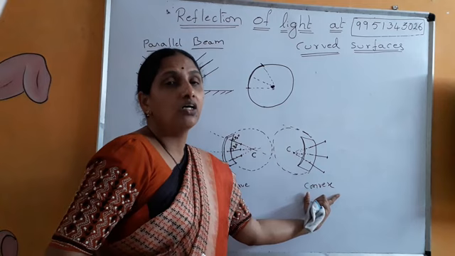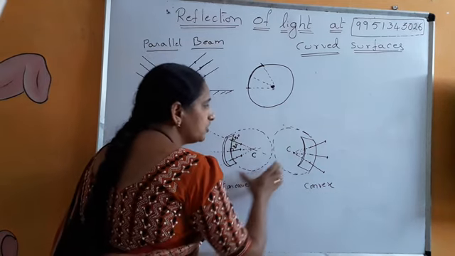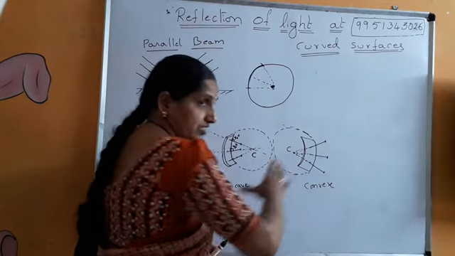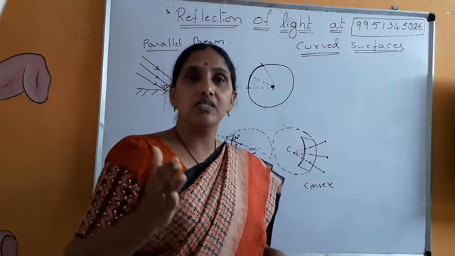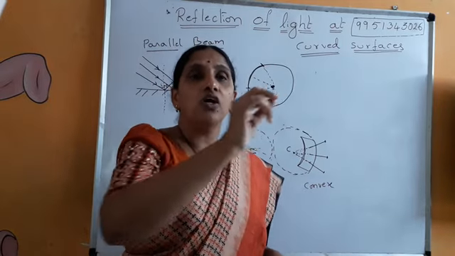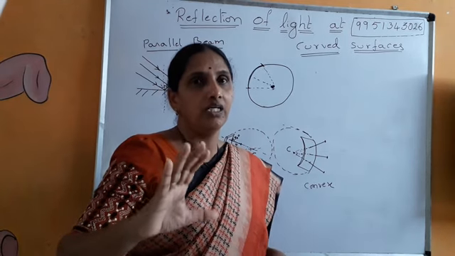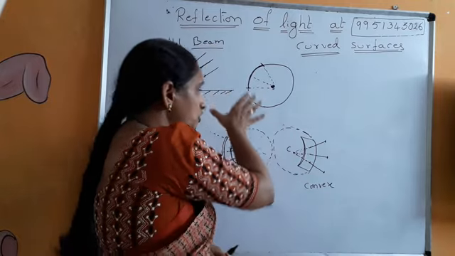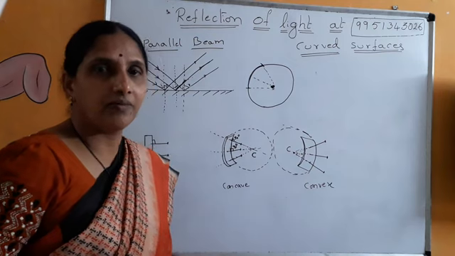So this is how the normals will be in the case of curved surfaces. Now what did we discuss here? We tried to discuss how the normals will be in the case of curves. Just pause the video for a moment and try to draw these diagrams and understand the concept.